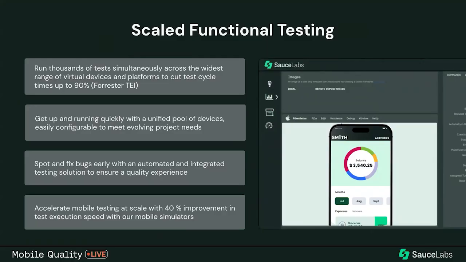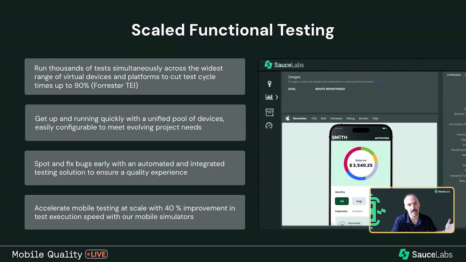With our virtual device cloud, it's very easy to run thousands of tests very quickly as part of your development and testing process, by pulling up our infrastructure and getting access to many iOS simulators on many different types of devices and operating system versions to run your regressions and tests, so that you can find issues earlier.